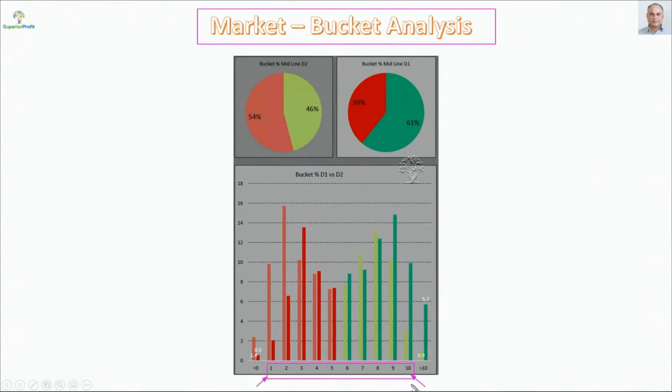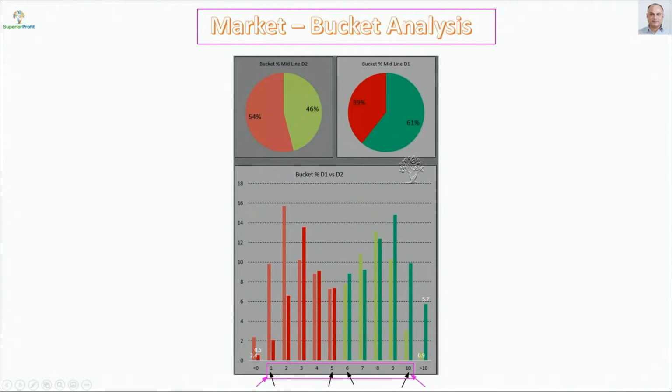Then looking at the current price of each stock, you drop the stock in the appropriate bucket. If the stock is right in the middle, you may drop them at 5, 6. If it is at the higher end of the normal range, you drop it at 10. If it is at the lower end, you drop it at 1.